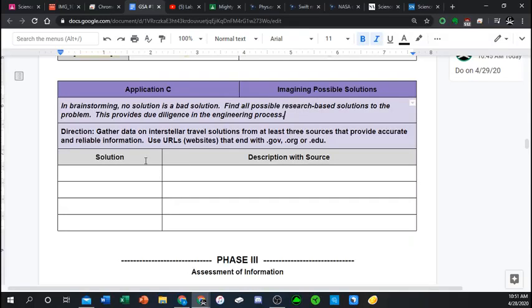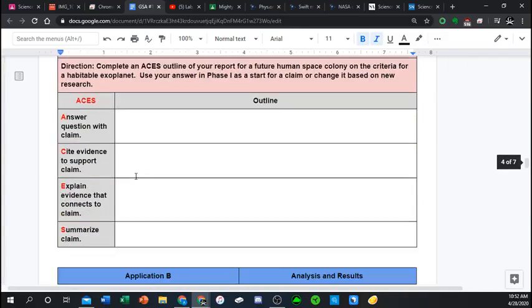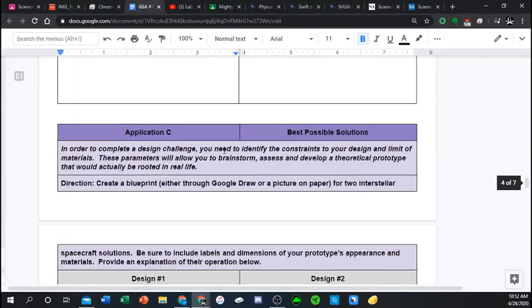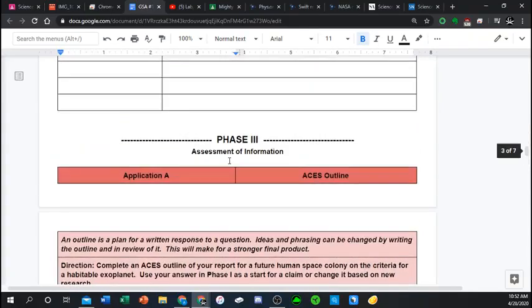So this is what I want you to do, Hike. You find in general 3 sources, 3 to 4 ideas, right? Tomorrow, and then in phase 3, you're going to see which ideas actually address your problems from the first question, right? So you're going to see which problems in part 1 can be addressed by part 2, and then you're going to come up with 2 possible designs. Does that make better sense?